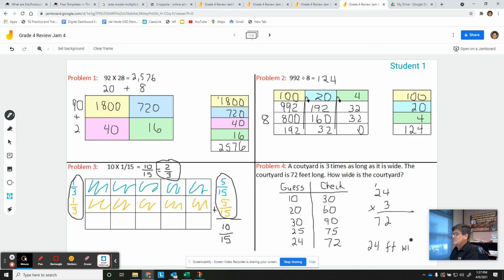Okay. Now, all right, there you go, 24 feet wide. Okay, so let's see now. The purpose of this Jamboard, by the way, you'll notice up here that you could have changed the student name, and I encourage you to do that. And I also want you to note that I have a series of these Jamboards that are designed to get increasingly more complex and to scaffold students through this kind of thinking.